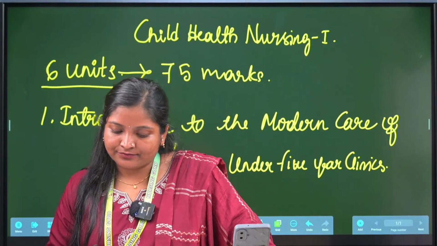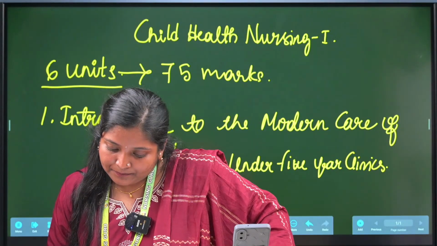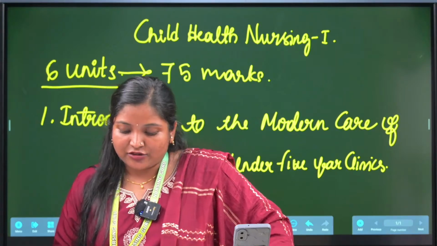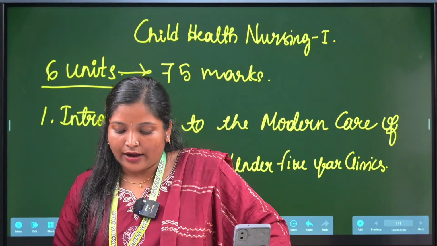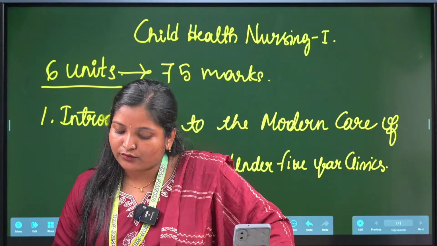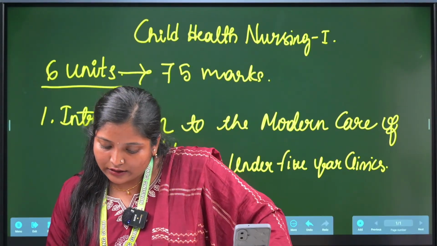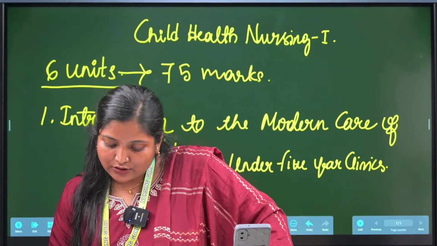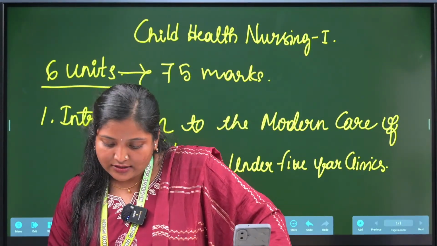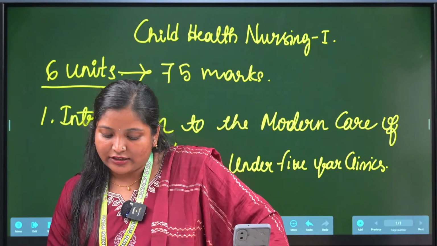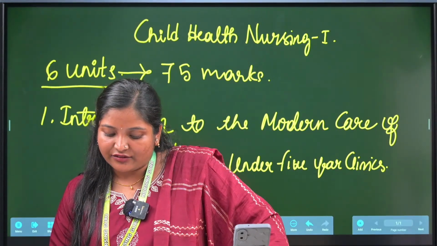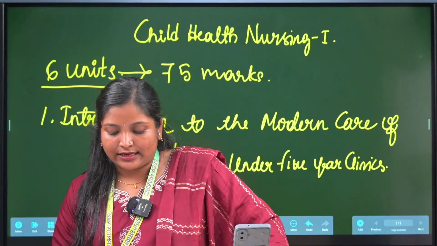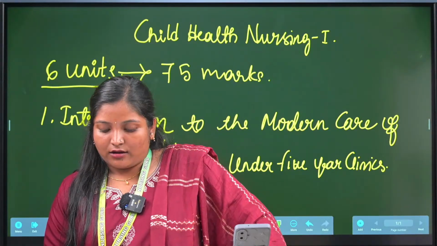Next, principles of child health nursing procedures: administration of medications, oral, IM and IV, calculations of fluid and fluid requirement, application of restraints, and assessment of pain in children. We use different scales: the numerical scale, FLACC scale and FACES pain rating scale.